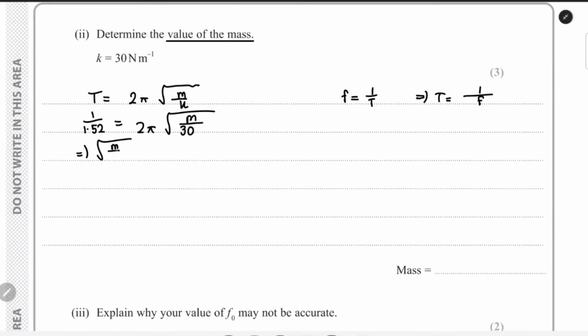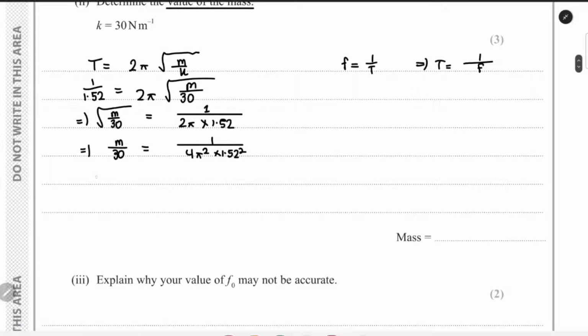So root over m by k is 1 divided by twice pi into 1.52. So squaring both sides, we get m by 30 equals 1 over 4 pi square into 1.52 square.